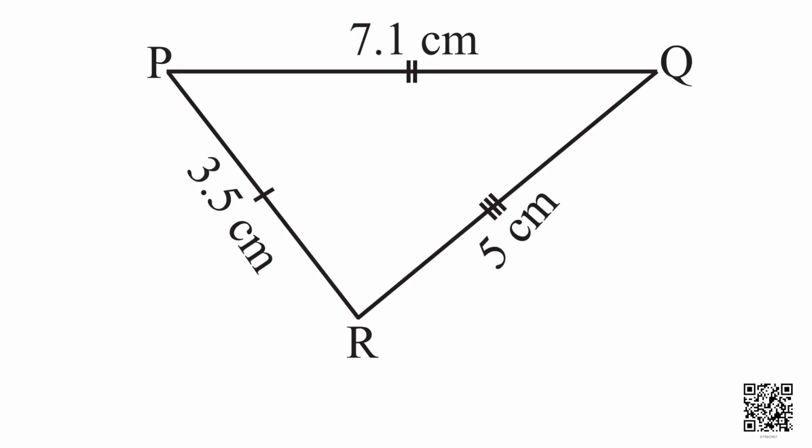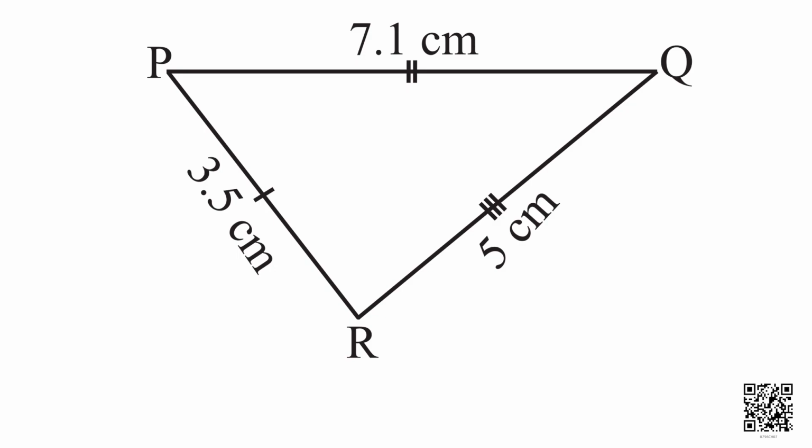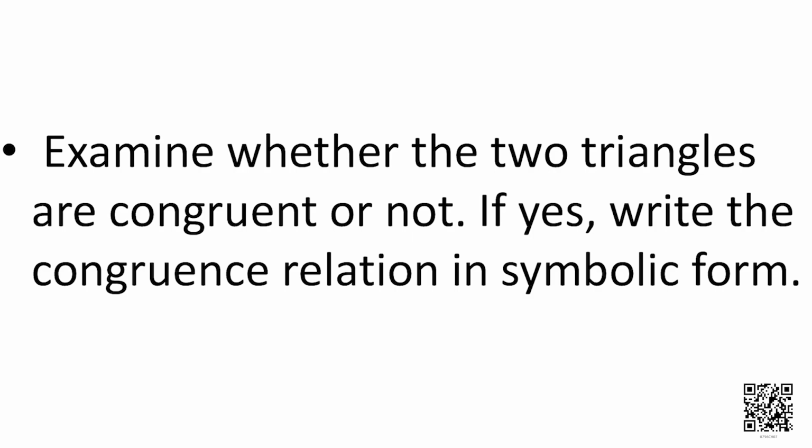Here we have been given that AB is equal to 3.5 cm, BC is equal to 7.1 cm, and AC is equal to 5 cm. PQ is equal to 7.1 cm, QR is equal to 5 cm and PR is equal to 3.5 cm. We have to examine whether the two triangles are congruent or not. If yes, we have to write the congruence relation in symbolic form.